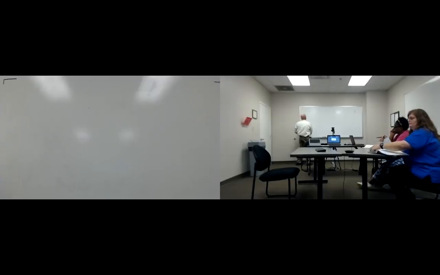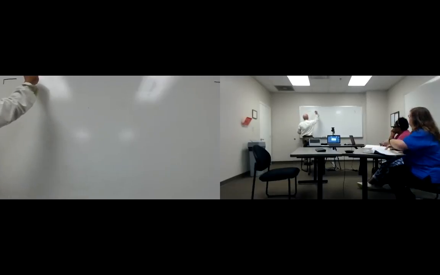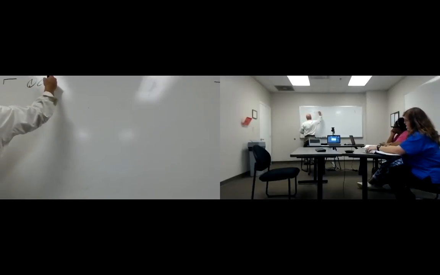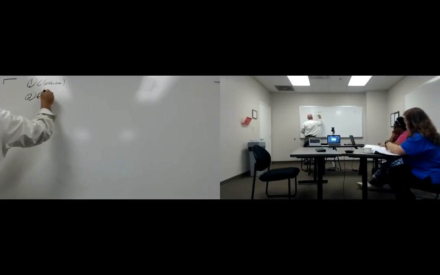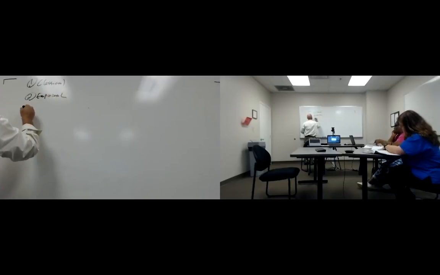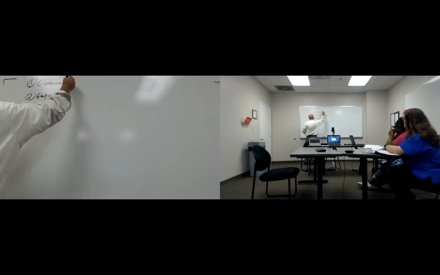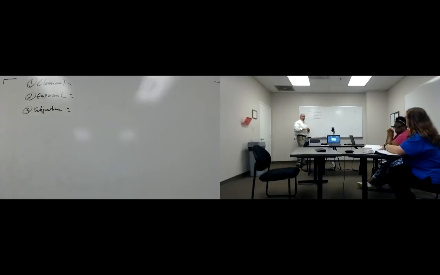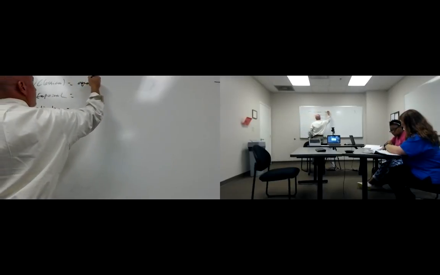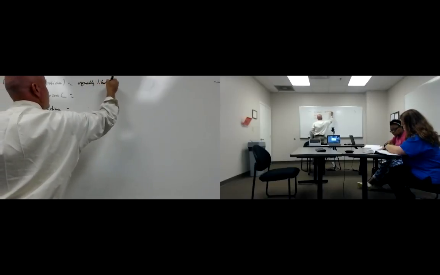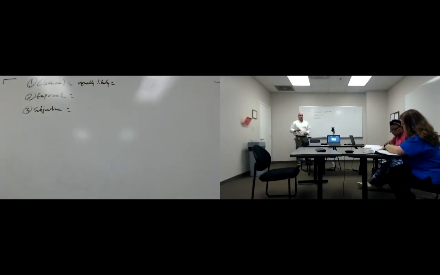So what are the 3 ways? Classical, empirical, and subjective. Classical is we're going to say these are equally likely. What's an example of classical probability?